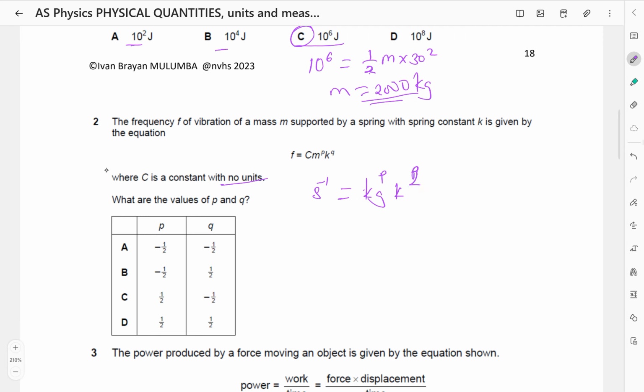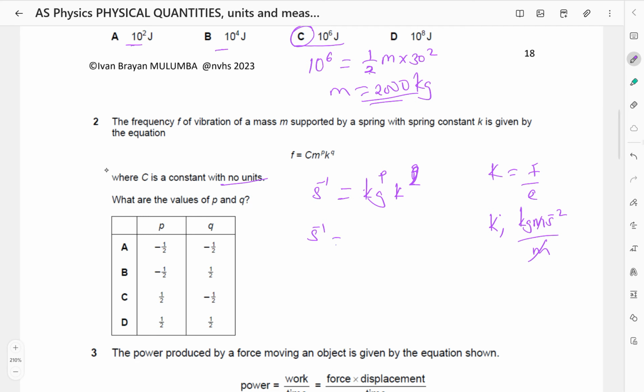For the spring constant, from Hooke's law, K is equal to F over extension. So the units of K will be, for F, kilogram meters per second squared divided by extension, which is meters. So the meters cancel.